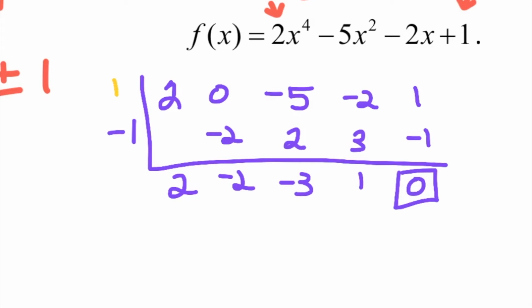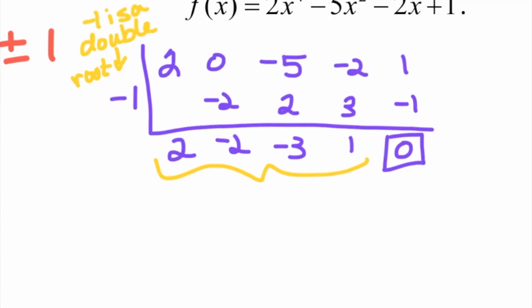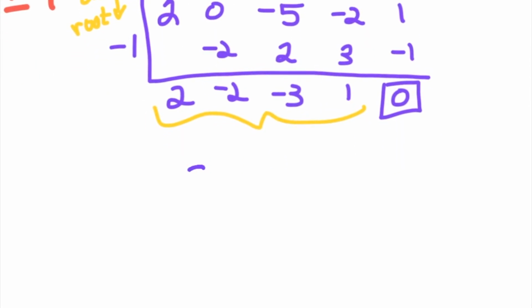And now, because -1 is a double root, and you get that from looking at the graph, you're going to divide by -1 again. So I'm going to take this quotient and I'm going to divide by -1 again.